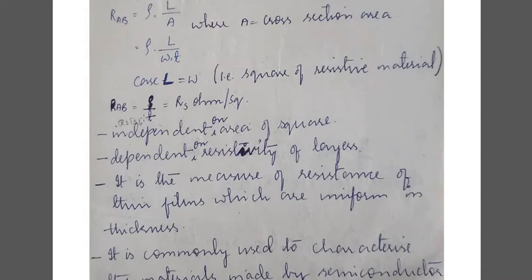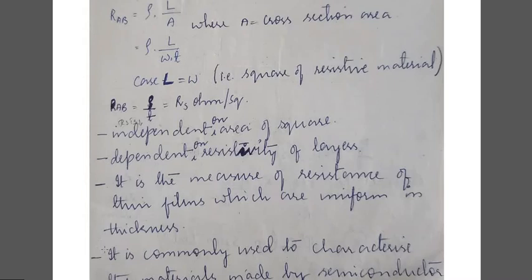So in terms of a square of the resistance, it is independent of the area of the square, and dependent on the resistivity of the layers. How many layers there are and the resistivity of that particular layer is very important. It is completely dependent upon the resistivity of the layer, and it is the measure of the resistance of thin films which are uniform in thickness.